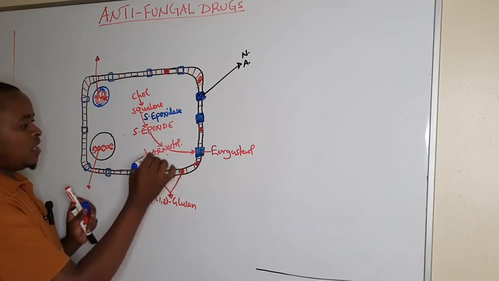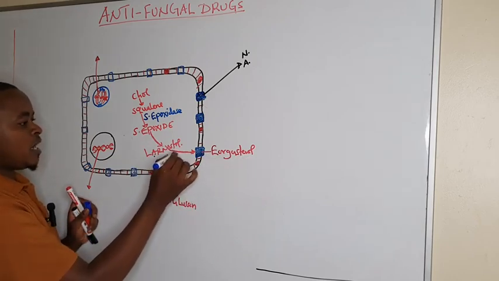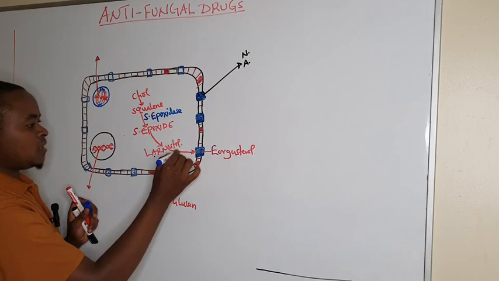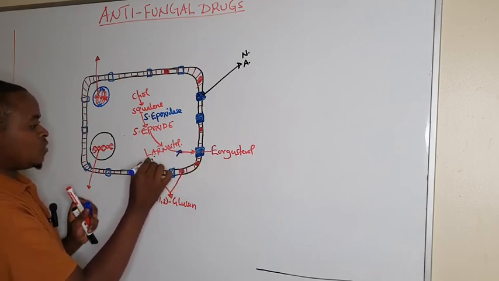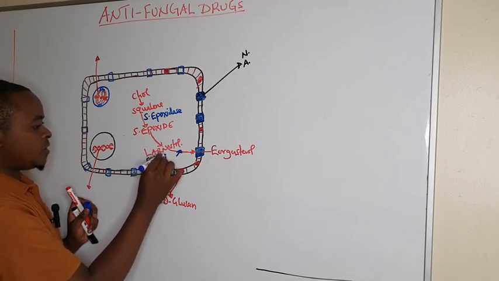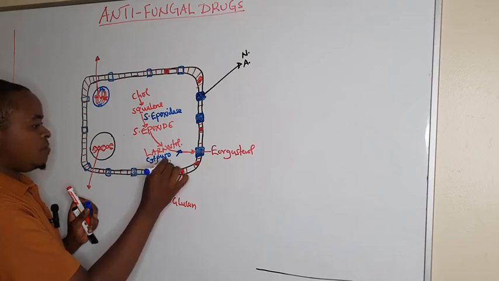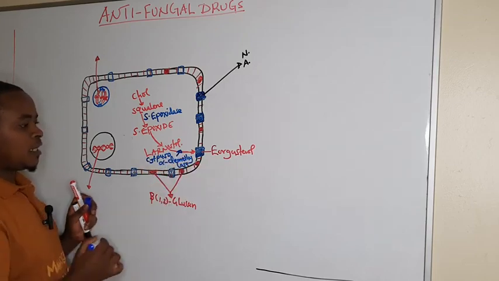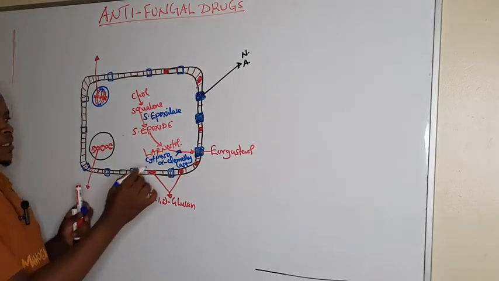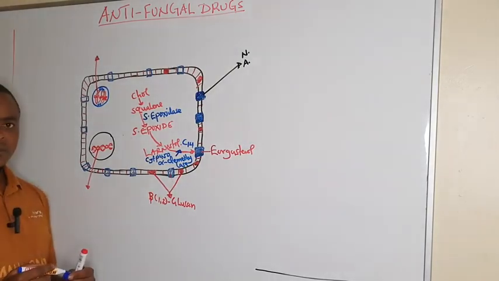After lanosterol is formed, to form it into ergosterol, we need an enzyme, and this enzyme is known as cytochrome P450 alpha demethylase. This enzyme targets carbon 14 of lanosterol.